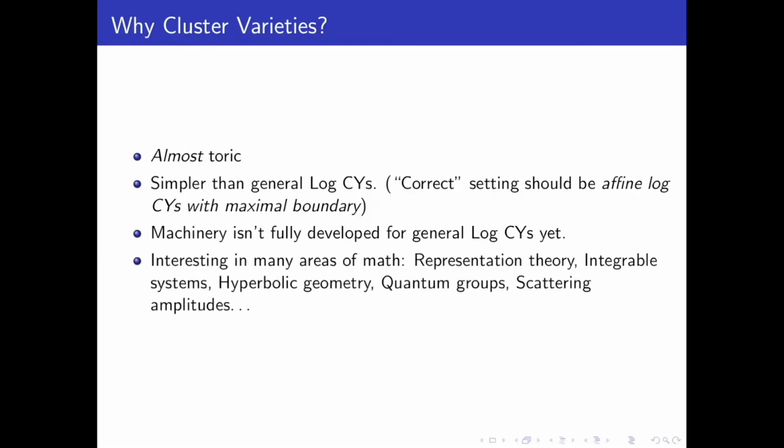Even though this is a somewhat simple setting, it's still interesting in a lot of different areas of math. Cluster varieties show up in representation theory, integrable systems, hyperbolic geometry, quantum groups, even in computations of scattering amplitudes in physics, and I know they're also a big deal in the Fano search program. So this is sufficiently simple to actually do some proofs and calculations, but also sufficiently general that it really is interesting in a lot of different areas of math.